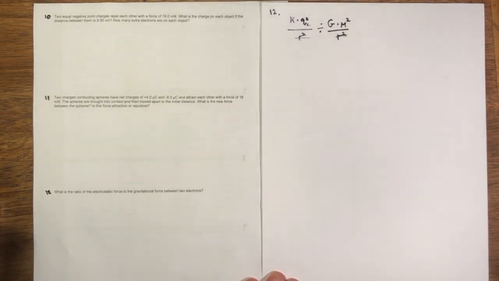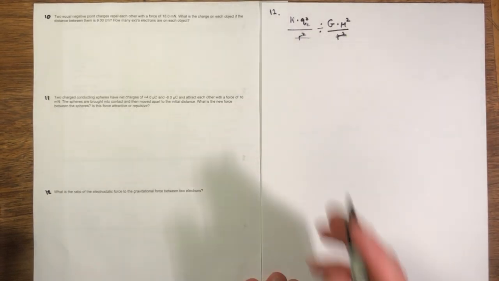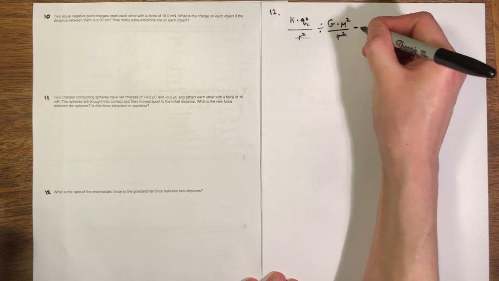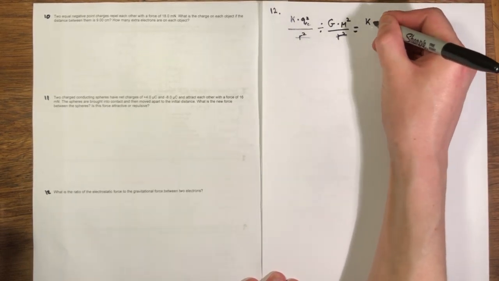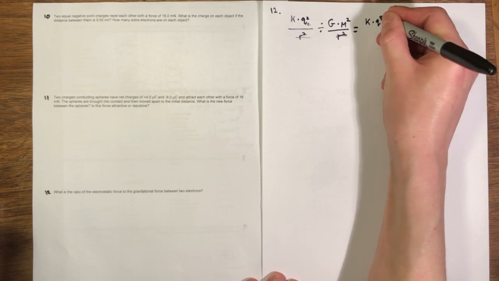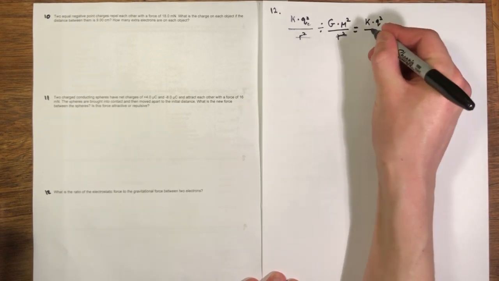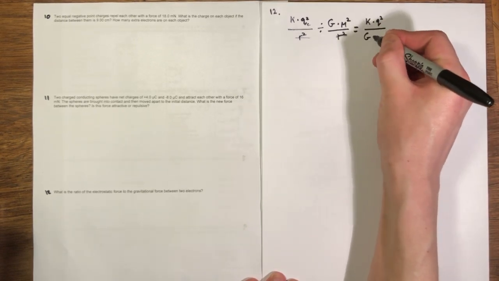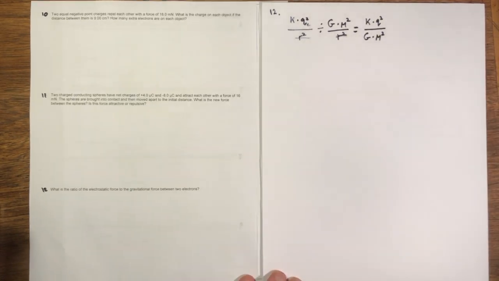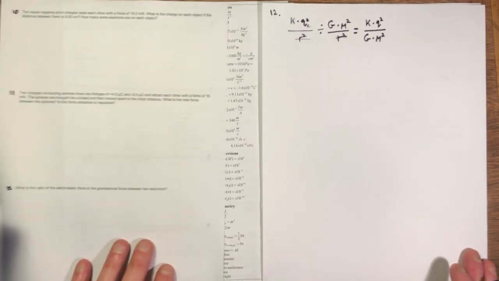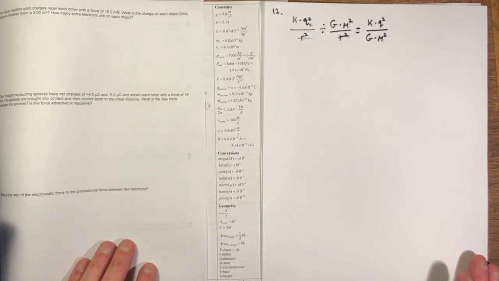I mean, you could multiply with the reciprocal and that kind of thing, but either way, we're going to get rid of them. All right? So that is going to be equal to our K constant times our value of Q squared divided by the G constant times m squared.